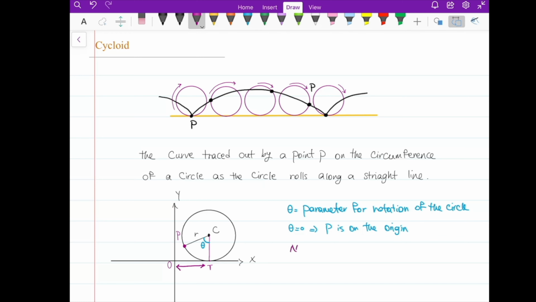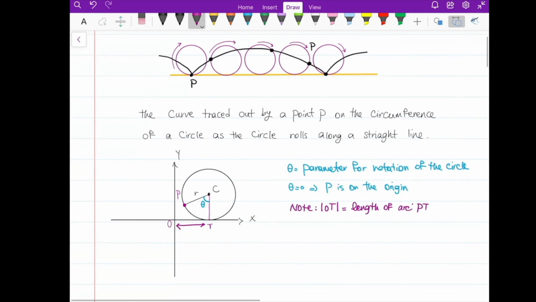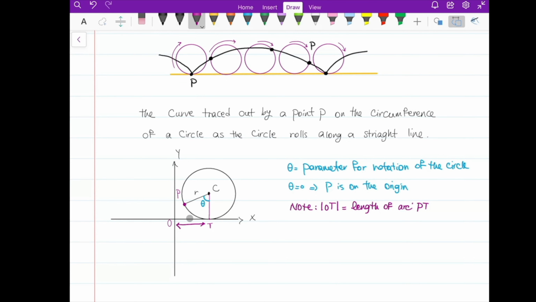So I'm going to say that the length of OT is the length of the arc PT. What is the length of the arc PT? By simple geometry, it is r theta, the radius times theta.